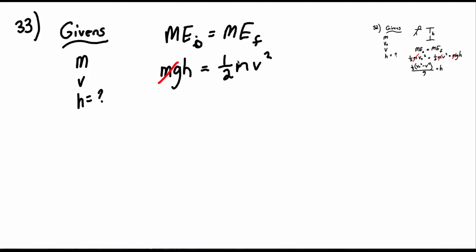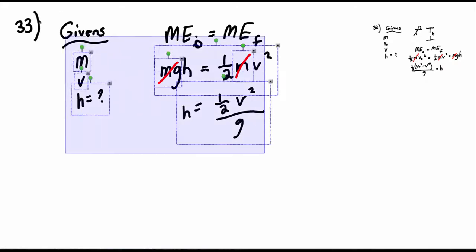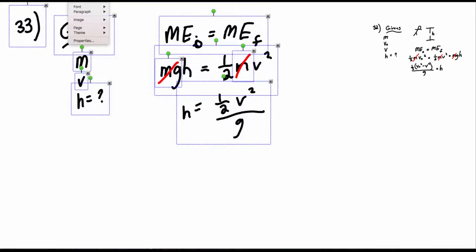We didn't even have to have the mass in here. So we're solving for h. h would just be equal to 1/2 v squared divided by g. Okay, so two pretty straightforward mechanical energy questions.